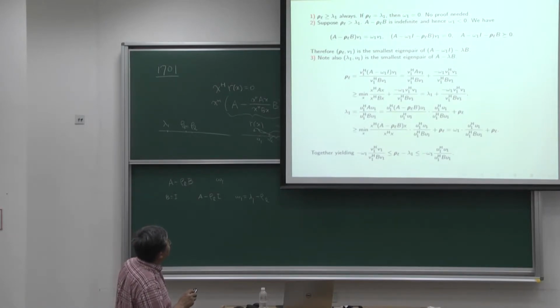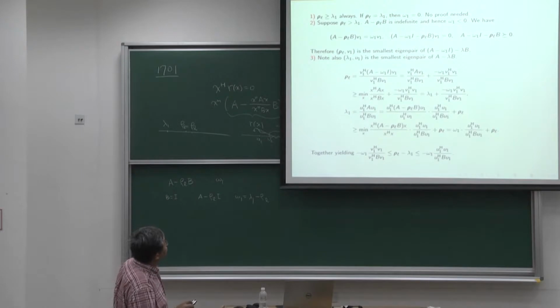Now we look at mu 1, lambda 1, u1. Let's look at the definition of v1. You look at this equation, right? You multiply by v1 transpose from both sides and you get this equation. From the second equation you will get this.